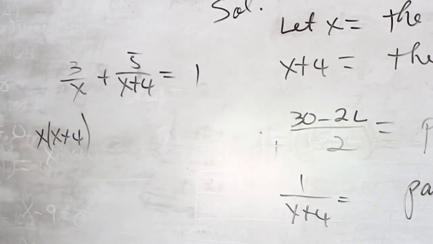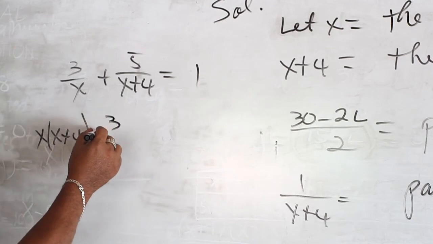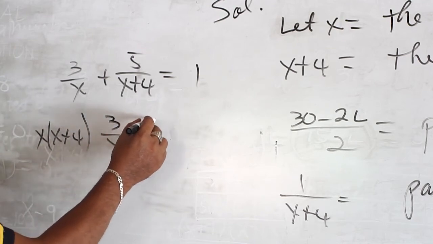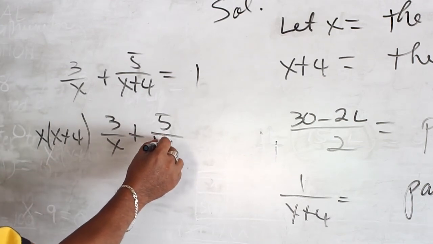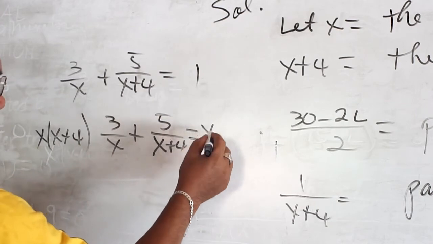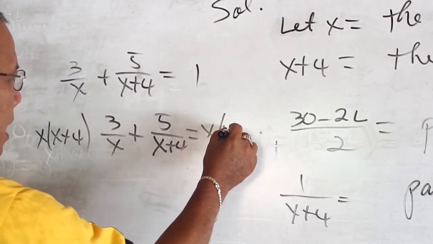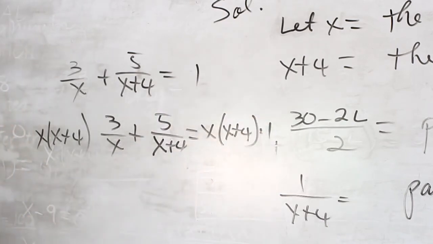Then multiply the least common denominator to the given numerators. So we have 3 over x, plus 5 over x plus 4, equals 1.